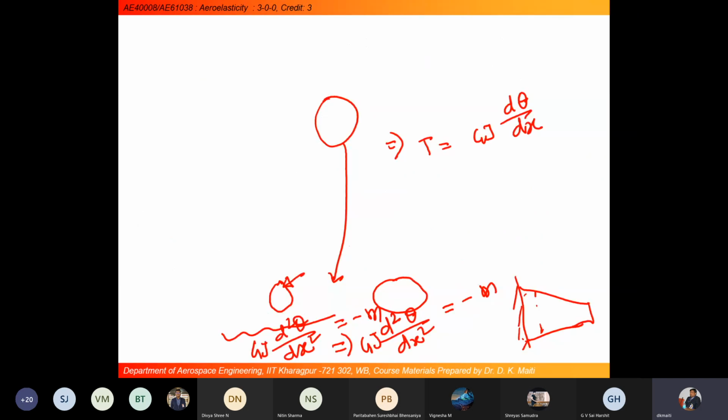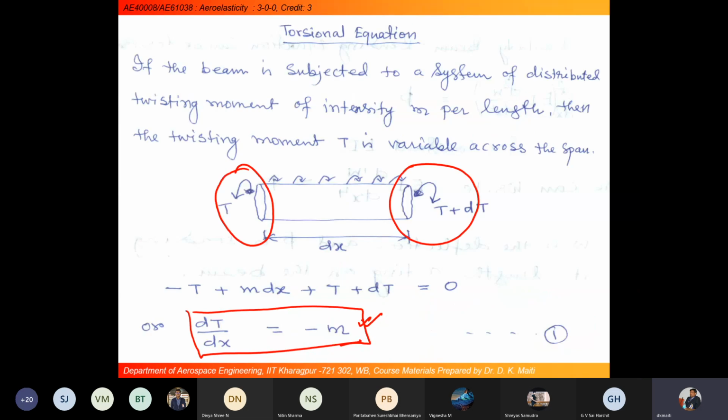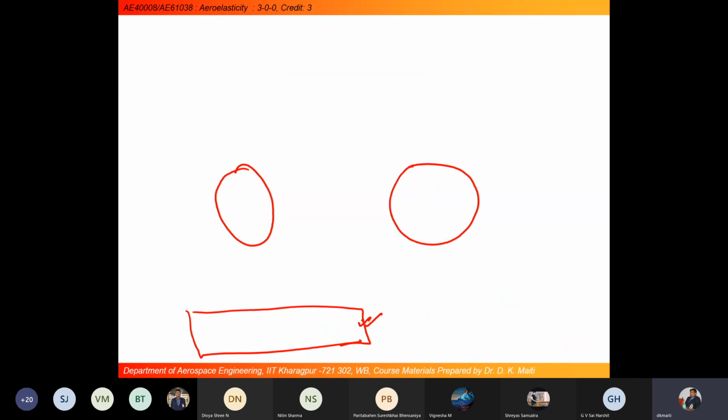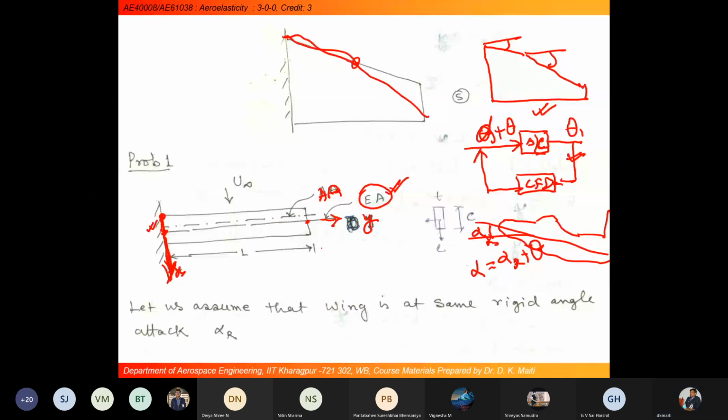This is the beam model we are considering, which has 2 degrees of freedom: w and theta. Don't misinterpret this theta as a bending slope. It is not a bending slope. In our derivation, this theta is the torsional rotation of the beam, and w is the bending deflection.